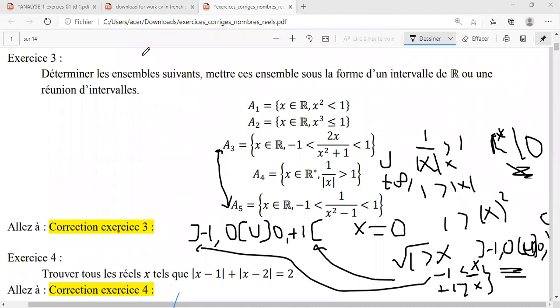Ça veut dire que si on a 1 sur 0, on va avoir infinity, qui est une forme indéterminée. You see? Alors, on peut dire que you write this form that you have here, and that's how you answer the questions. It's very, very essential.